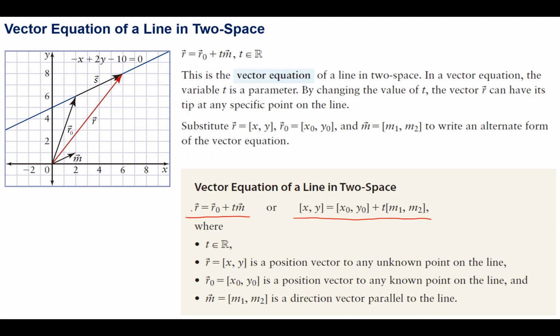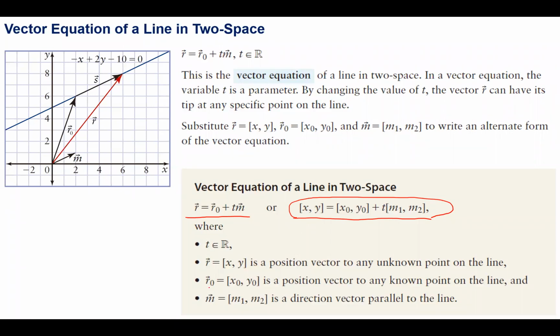So both of these two equations are the vector equations of a line in two space, and usually we use the second equation more often, where t is a real number and vector r, whose position vector is x, y, is the position vector to any unknown point on the line.